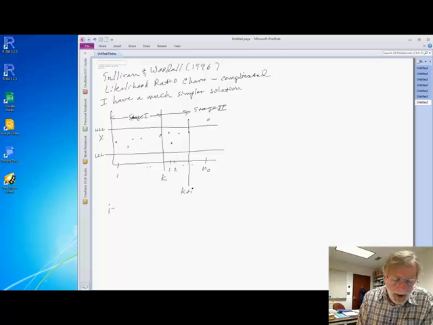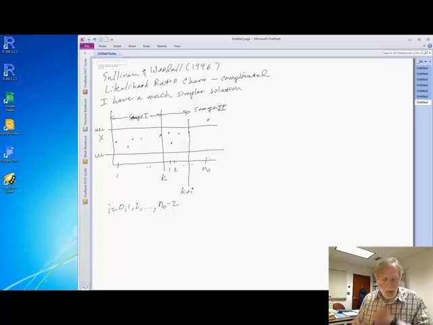Let's let i run from 0, 1, 2, on up to n0 minus 2. And we're going to need to have n0 be greater than or equal to 2.